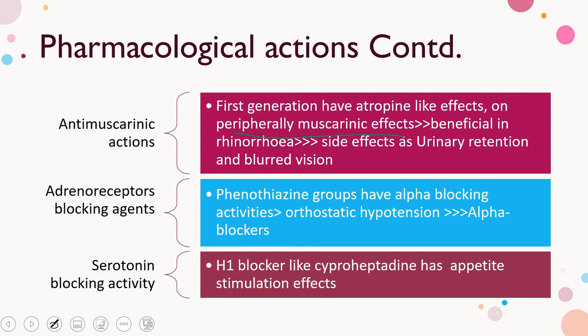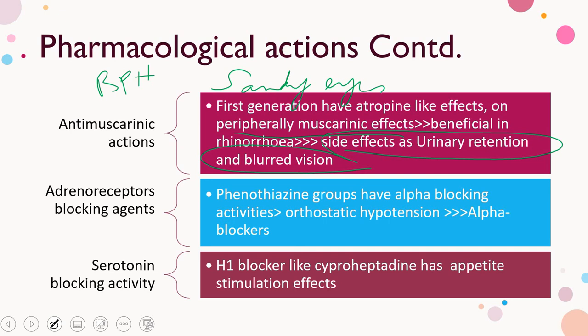But if your patient is suffering from benign prostatic hypertrophy or hyperplasia, the most frequent side effect will be urinary retention. It may aggravate this situation because of the anticholinergic signs and symptoms, and there may be blurred vision as well, and dryness of the sclera. Sandy eyes may be one of the adverse effects of these antihistaminic drugs.